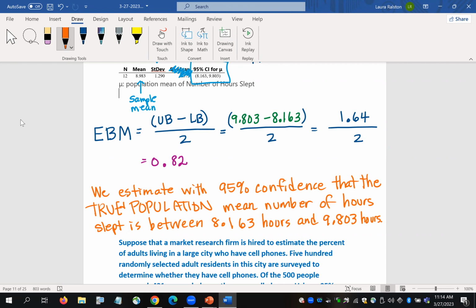Guys, it's the same process. It's just that we're doing T because we do not know the population standard deviation.